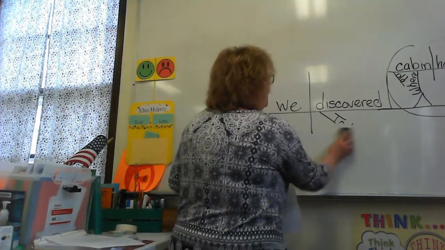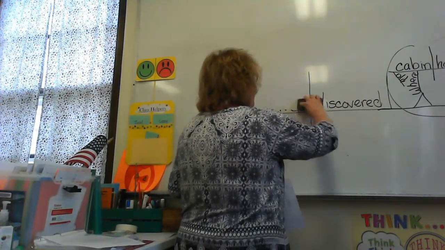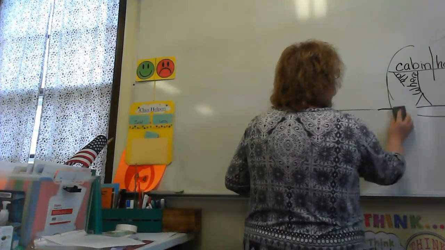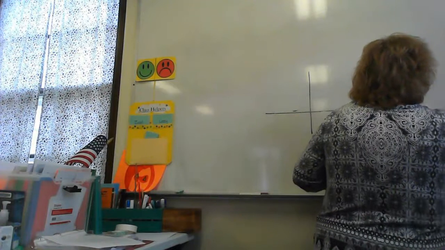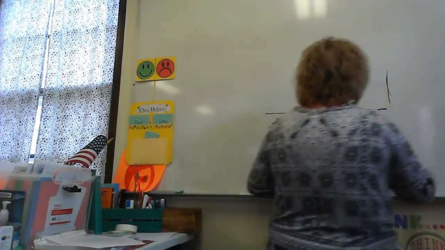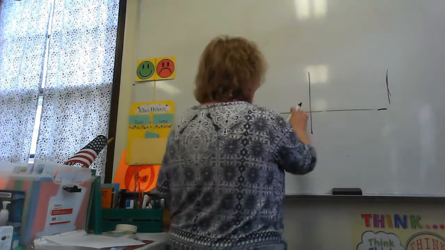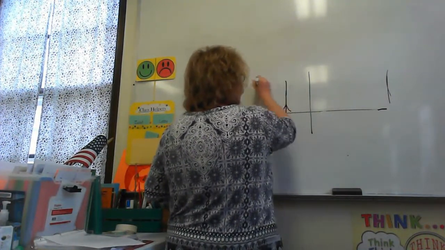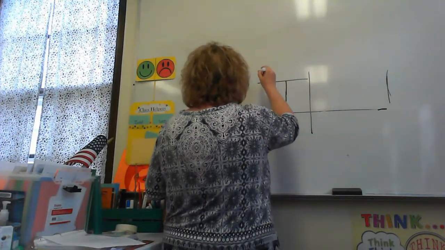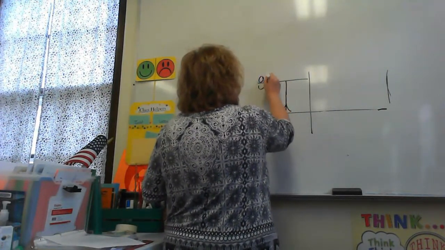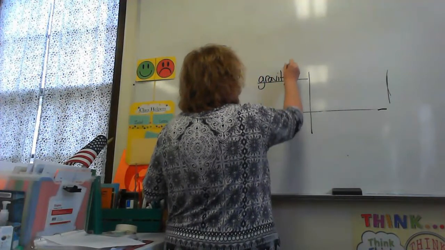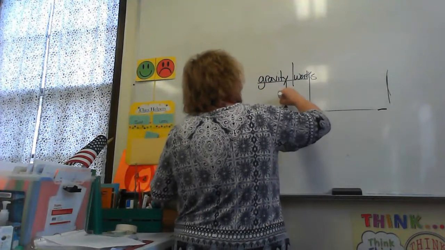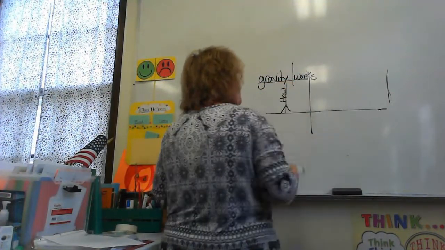Now the reason that you would do that is because that whole group of words is our subject. So let me show you what it looks like on our diagram line. So here's our pedestal, here's Pedestal Petunia, and we are going to put gravity works, and how down here, and that's our subject.